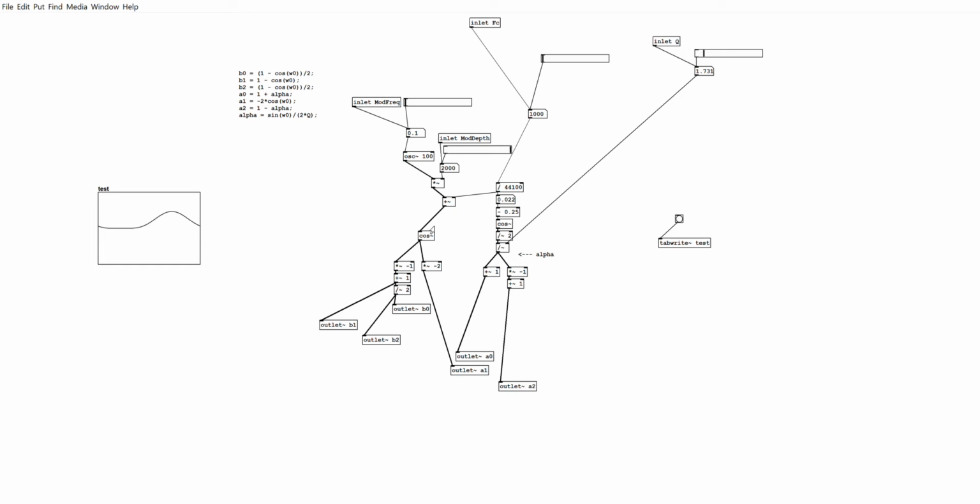The cosine block, however, automatically takes its inlet and multiplies that by 2 pi and takes that as the argument to the cosine function. So to get to omega naught, really all we have to do is take fc divided by the sampling frequency and pass that directly to the cosine block, because the cosine block will internally multiply by 2 and multiply by pi.